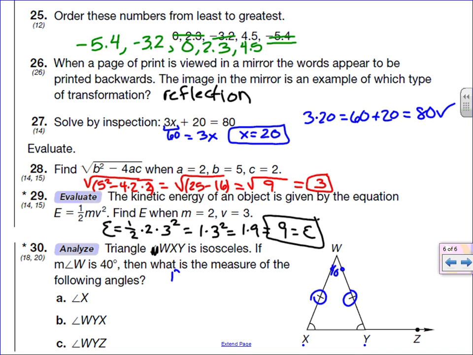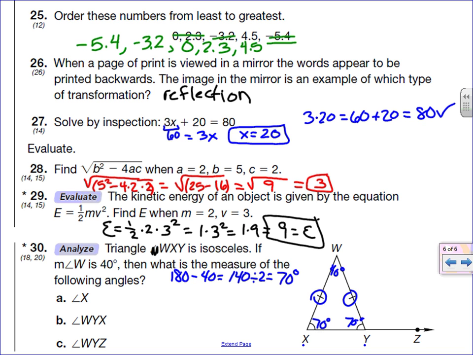Then we have 180 total degrees in the triangle minus the 40 of W leaves us 140 between X and Y. And they're equal, so I can divide 140 by 2. And that gives me 70 degrees for both these angles here.